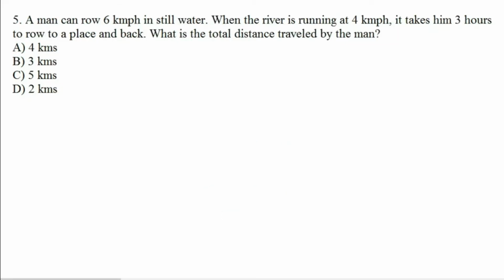A man can row 6 km per hour in still water. When the river is running at 4 km per hour, it takes him 3 hours to row to a place and back. What is the total distance traveled by the man? Downstream distance by downstream speed, which is 6 plus 4, and upstream distance by upstream speed, which is 6 minus 4, equal to time is 3 hours. 3 hours to row to a place and back.